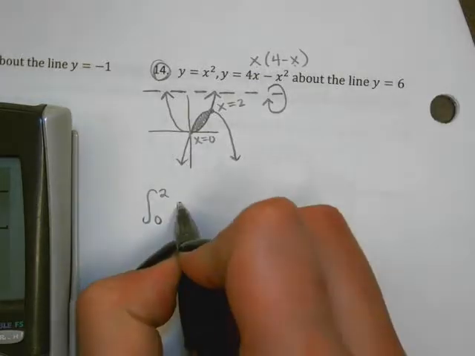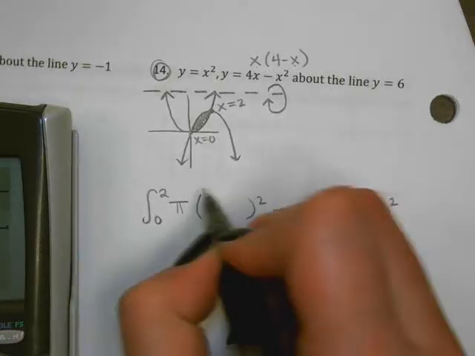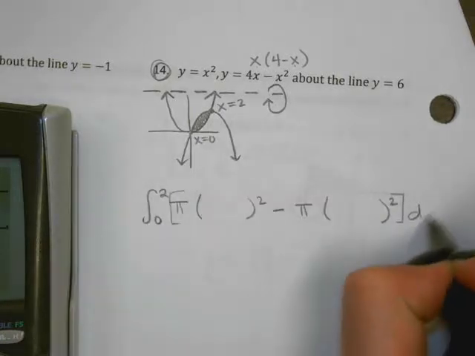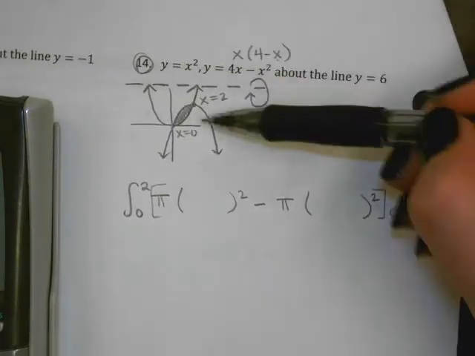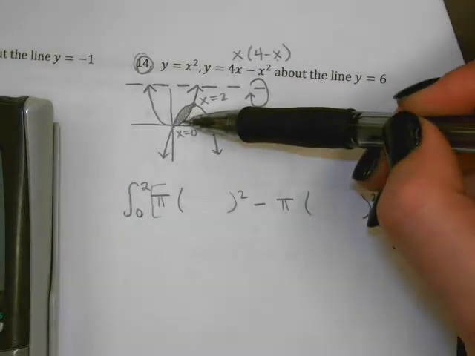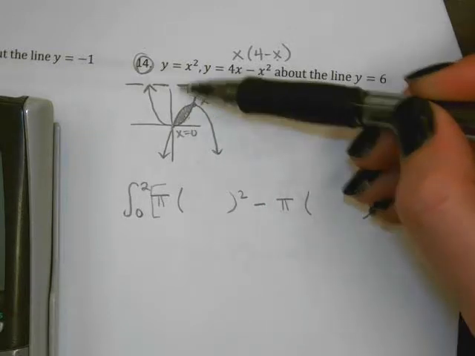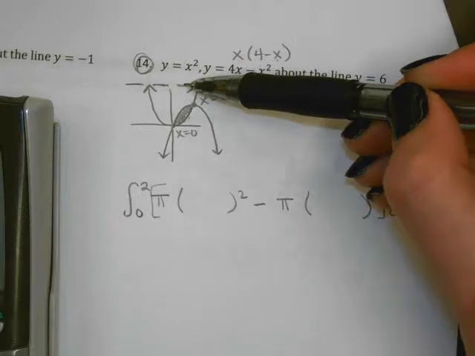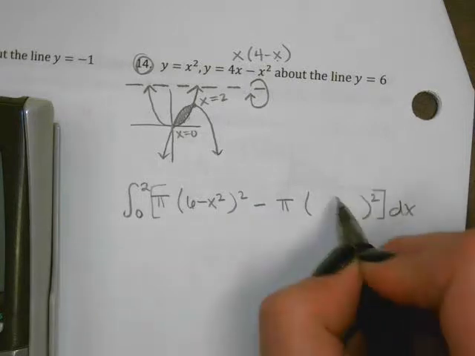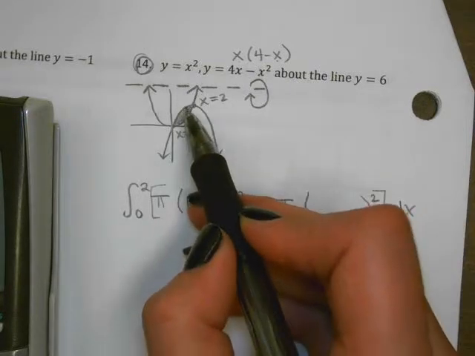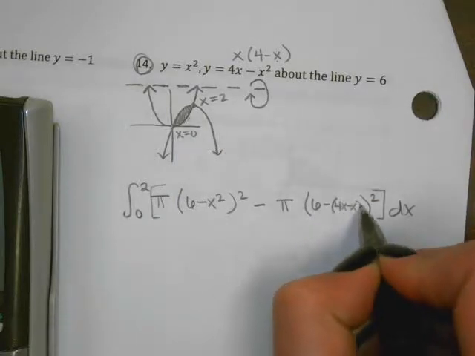So we have pi R squared minus pi r squared dx. We look at the curve that is furthest from the axis, which is this one right here, and we do top minus bottom. This time, top minus bottom is the axis of revolution minus the curve, so it's 6 minus x squared. The other one is 6 minus the curve that's closer to it, so 6 minus 4x minus x squared.